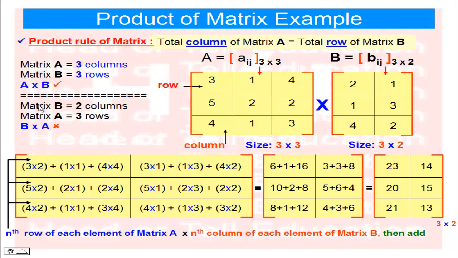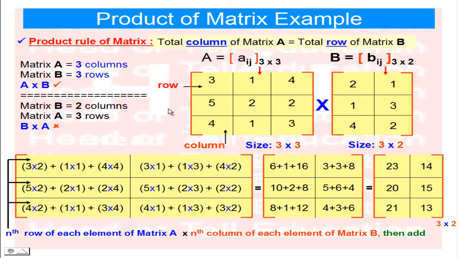Check whether the reverse is possible or not. In matrix B, how many columns? 2 columns. And in matrix A, how many rows? 3 rows. So the columns and rows are not equal, so matrix B multiplied by A is not possible according to the rule, but A multiplied by B is possible.